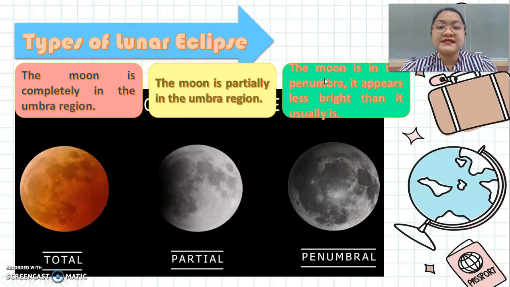When we say penumbral, the moon is in the penumbra, and it appears less bright than usual. Again, penumbra is the light part of the shadow. So it becomes a little bit darker.